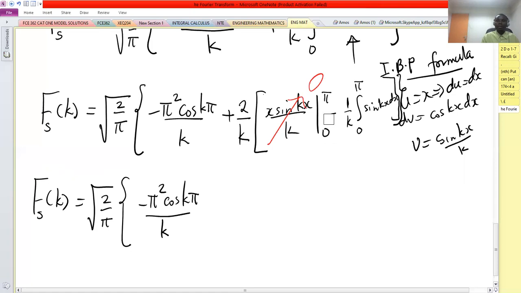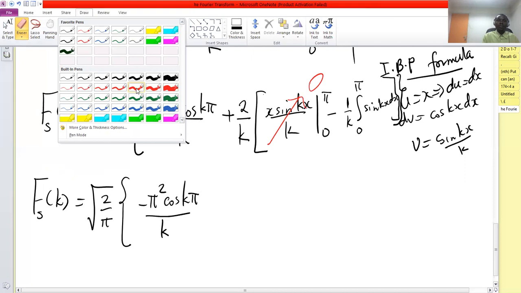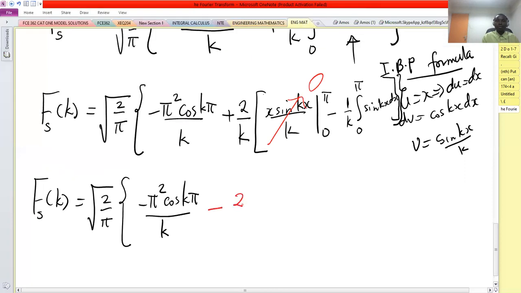Plus times minus is minus, so I have minus 2 over k squared, integral from 0 to pi of sine kx dx.